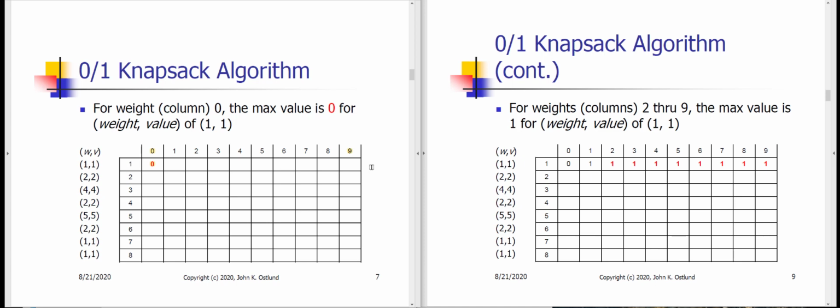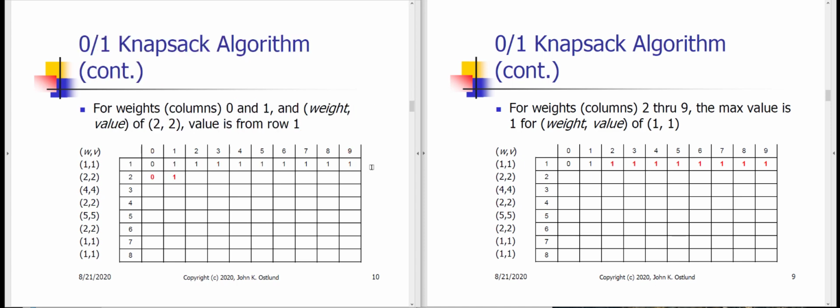Now, continuing on to the next row, once again, if our remaining available weight is 0, then we can't use any values from the multiset, and so the value that we can obtain for a remaining weight of 0 is still going to be 0.